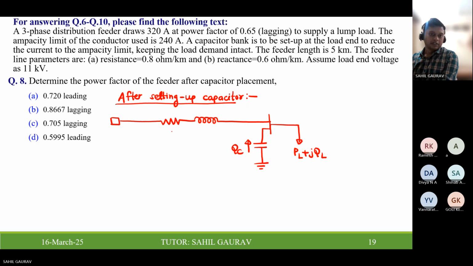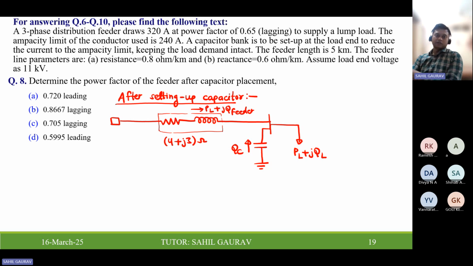So this impedance is 4 plus J3 ohm. So let us consider this is P feeder plus JQ feeder flowing from the feeder.